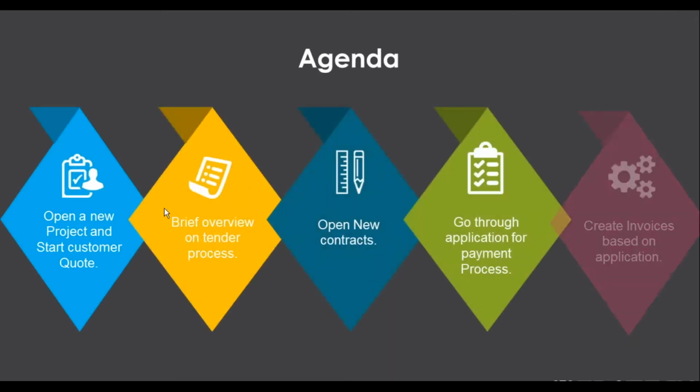So the agenda: we're not going to cover everything about the module, but I will take you through the main functionalities of it. First, I will show you how to open a new project. You might know this already, but it's just to be clear. And briefly, I will take you through what the tender module does and what the main functionalities are. Second, I will then open a contract.